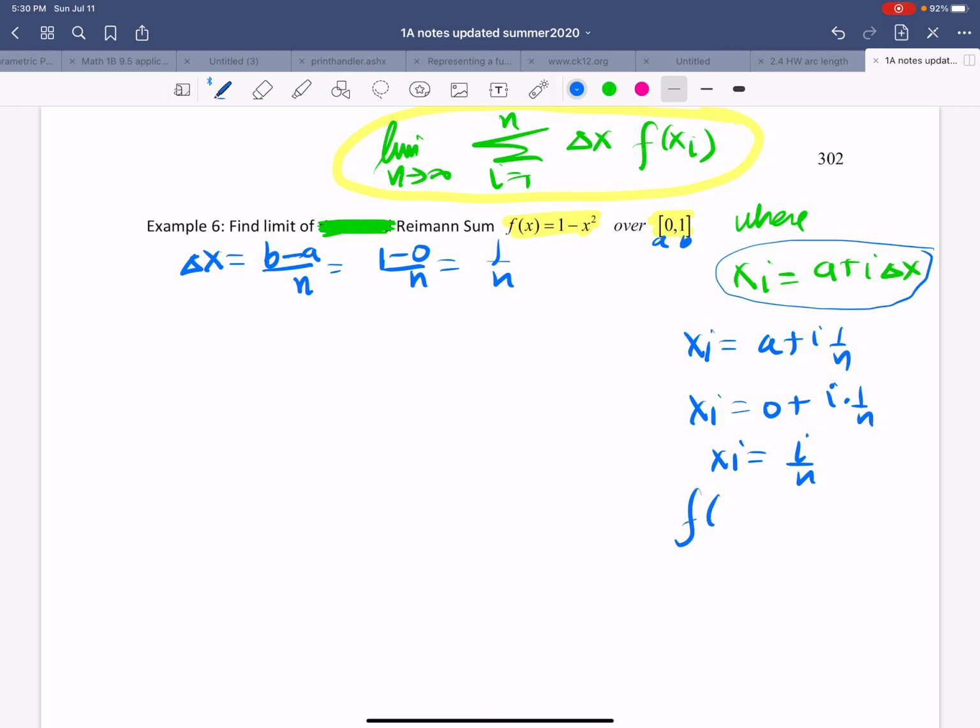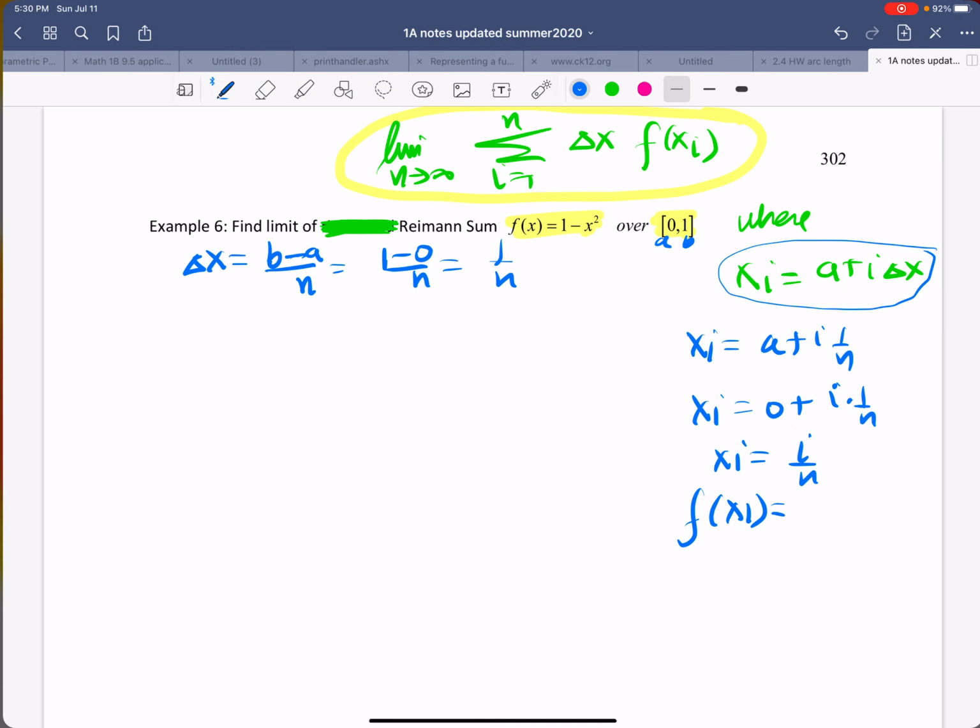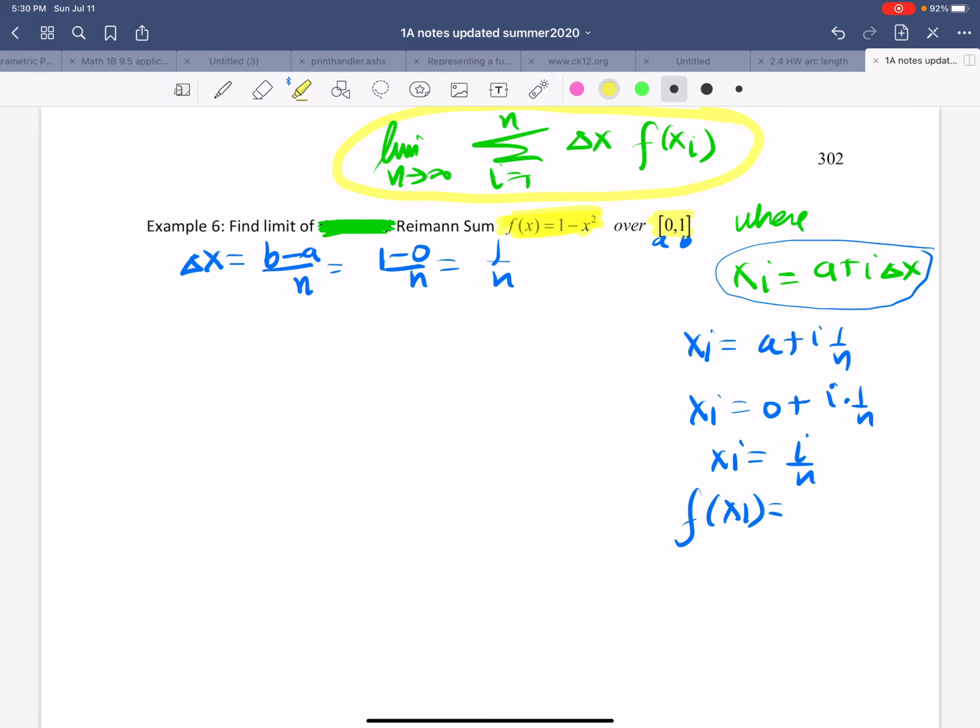Now we need to find out f of xi. F of xi would be the first height, the second height, the third height, the fourth height, and we're going to infinite rectangles. Now we know what xi is, and whatever f of x we are given, we're going to replace x by xi in this function.